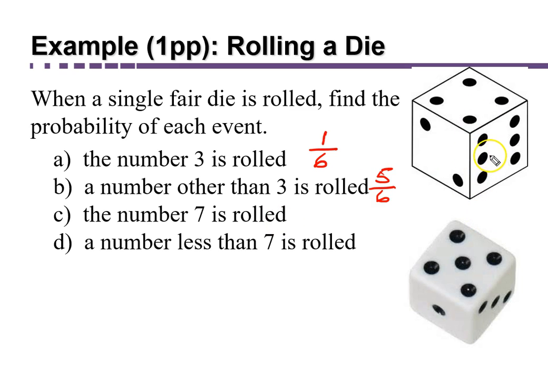A number 7 on this is only up to 6, so this would be an empty set, and the probability of that would be 0. How about for letter D, a number less than 7 is rolled? Well, there are the 6, so the number 7, this will be 1. And remember, in a sense, that indicates 6 out of 6, which is 1, and this, as we said, was the whole.